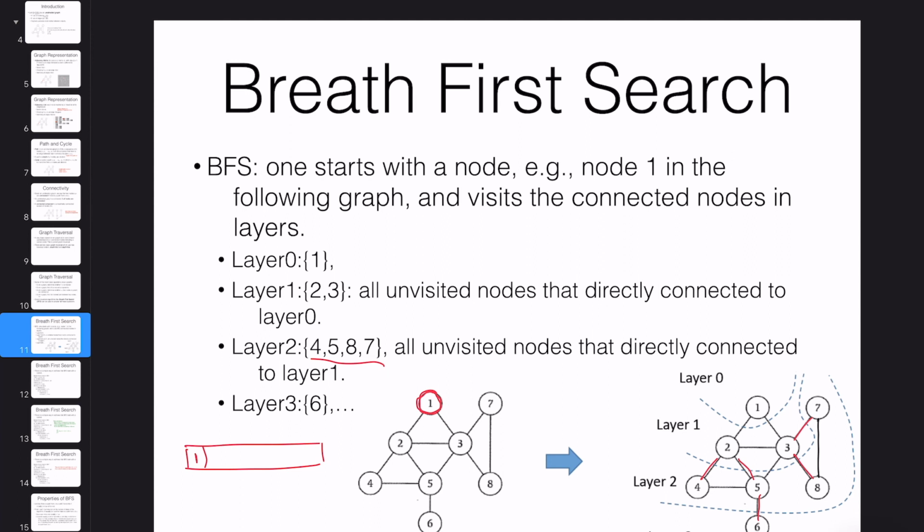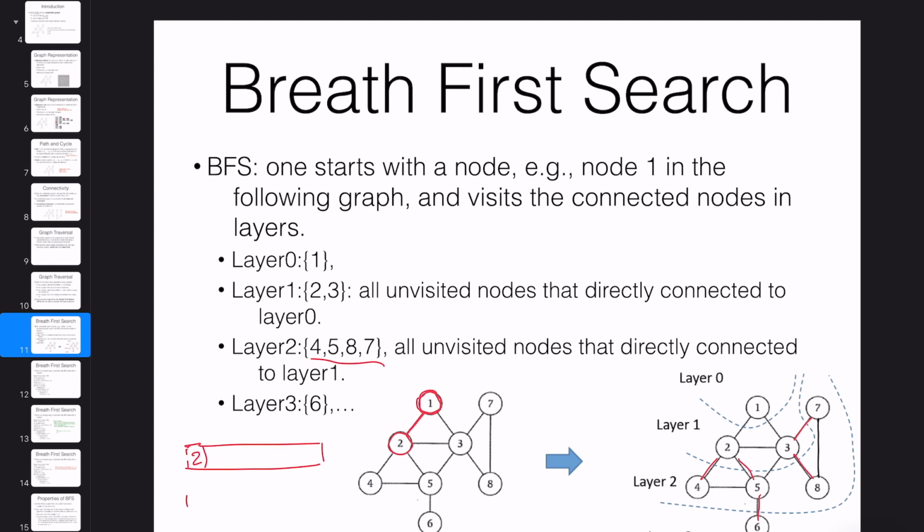So 1 will be removed from the queue. You check all the neighbors of 1. 1 has a connection to 2 and a connection to 3. For 2, you check, has 2 been visited? No, this is false. So you push it to the queue, and you mark it as visited. The next neighbor of 1 is 3.